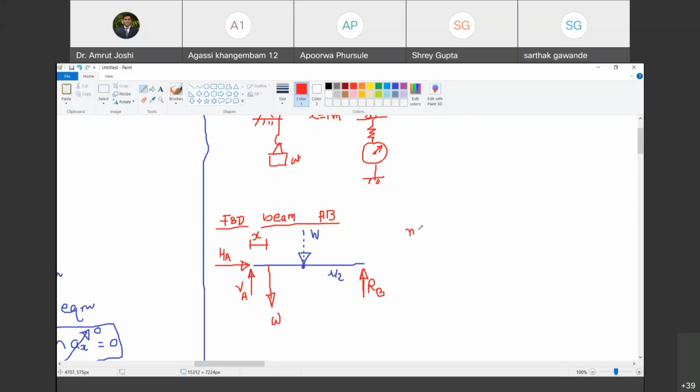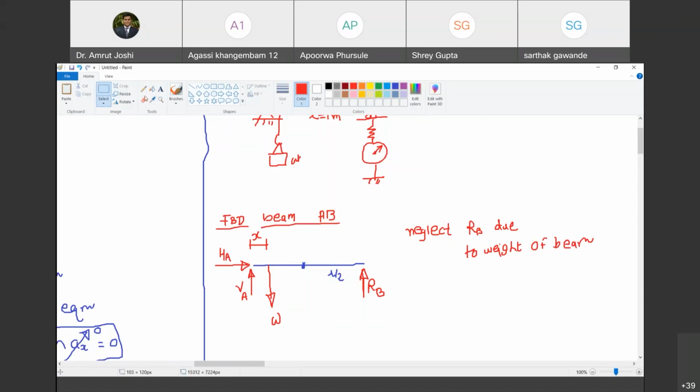Are you with me? Yes, sir. I have posed this problem to myself: neglect RB due to self weight, due to the weight of the beam. I do not want the RB coming from the weight of the beam, I want only the RB coming from the external load. So under that pretext I will not consider this W. Happy? Yes, sir. Okay.